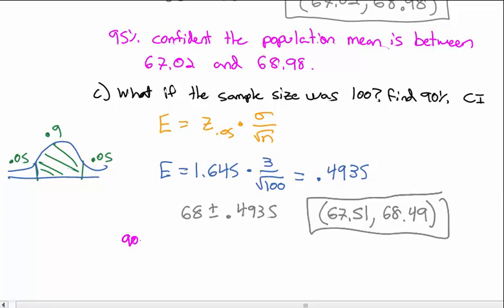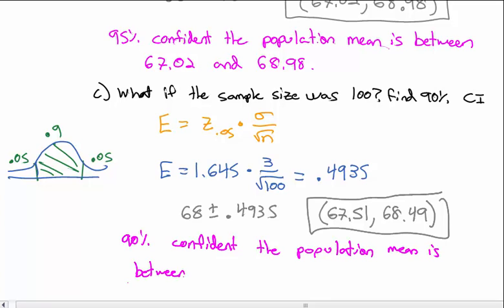So we are 90% confident the population mean is between 67.51 and 68.49. Notice as the sample size got bigger, the error got smaller.